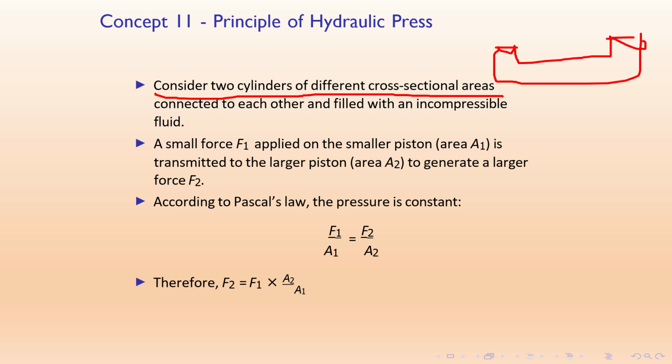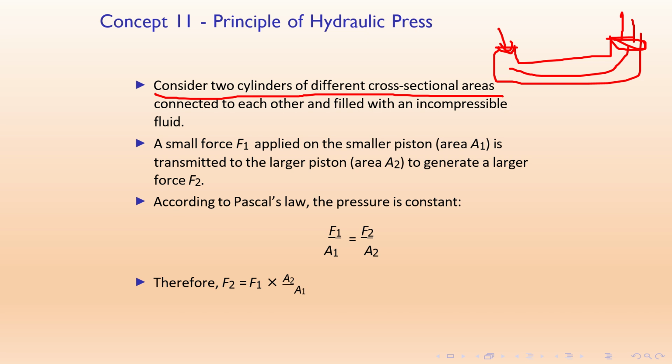The smaller force F1 is applied on the smaller piston, and it is transmitted to the larger piston of area A2 with a force F2.